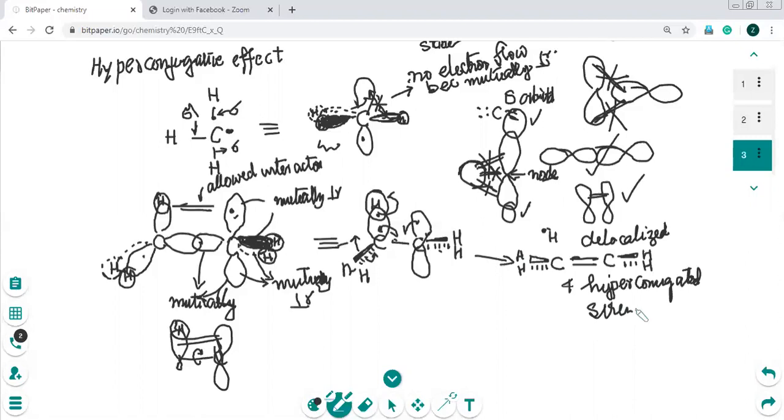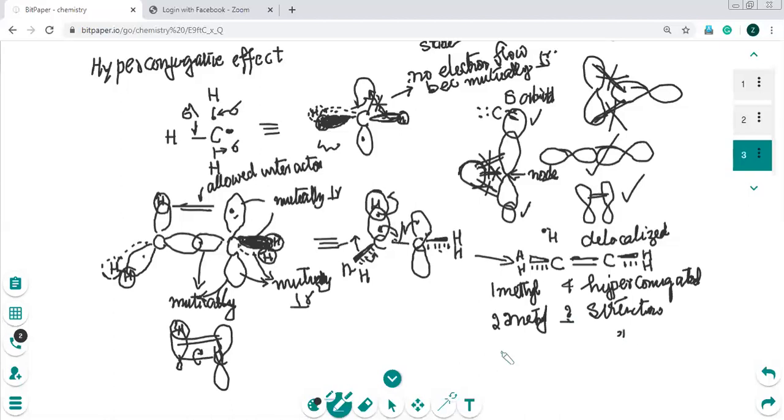Suppose you have 2 methyl groups. So 1 methyl group gives 4 hyperconjugated structures. If you have 2 methyl groups like this on the same carbon, here I have put only 1 methyl group. If I have got 2 methyl groups, how many hyperconjugated structures will be there?